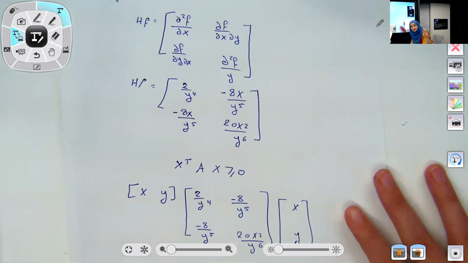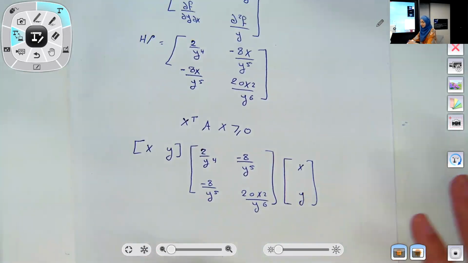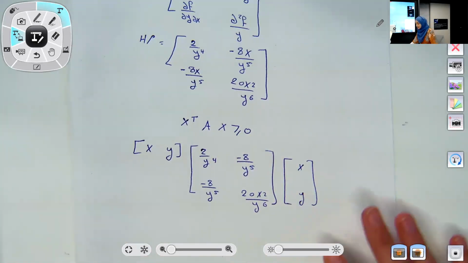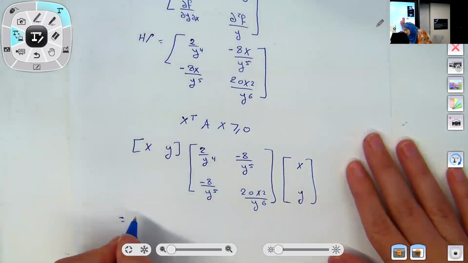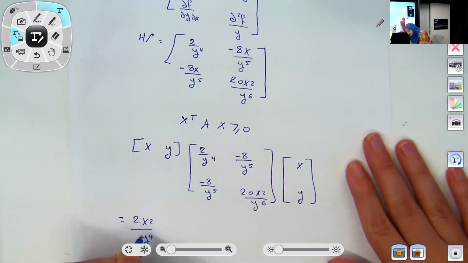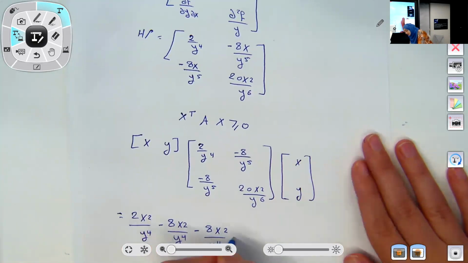We just need to simplify and find the multiplication between these three different items. If you try to simplify, you will get that this is equal to 2x squared divided by y to power 4 minus 8x squared divided by y to power 4 minus 8x squared divided by y to power 4 plus 20x squared divided by y to power 4.